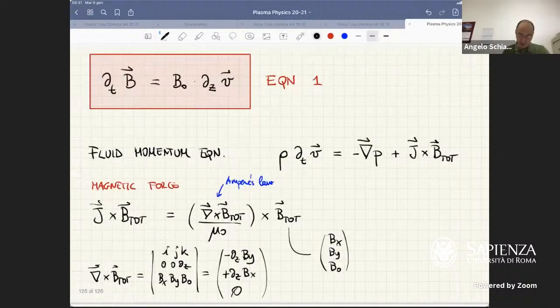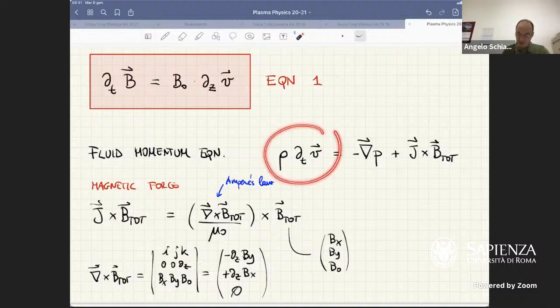Okay, then where we were, this is the equation that we want to write.